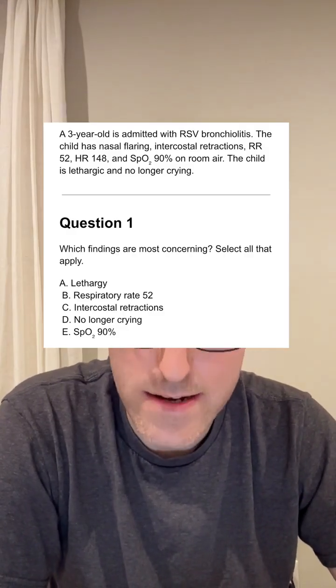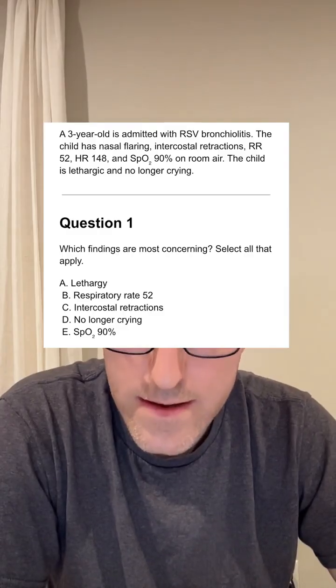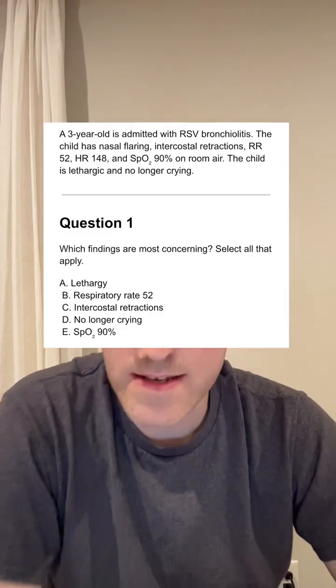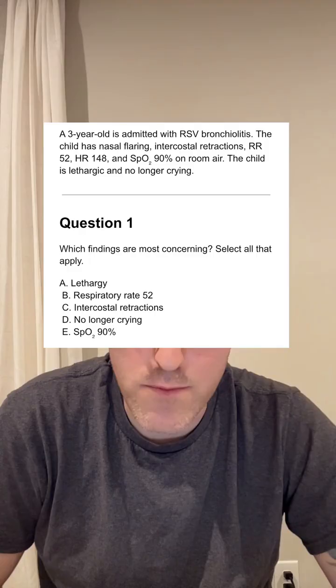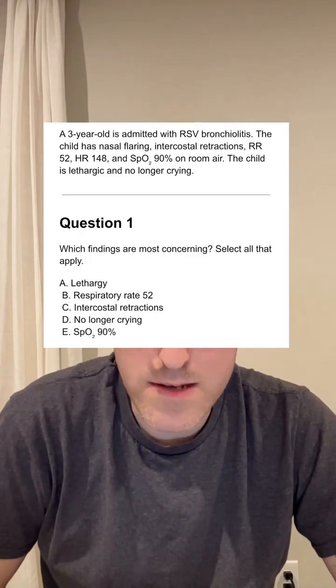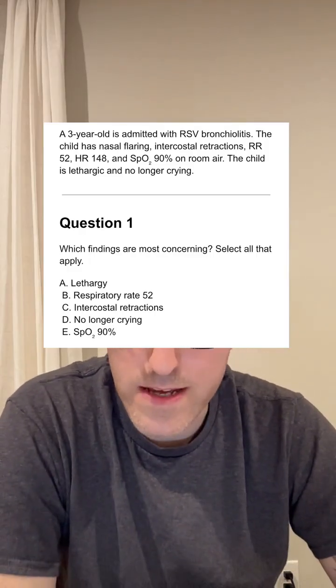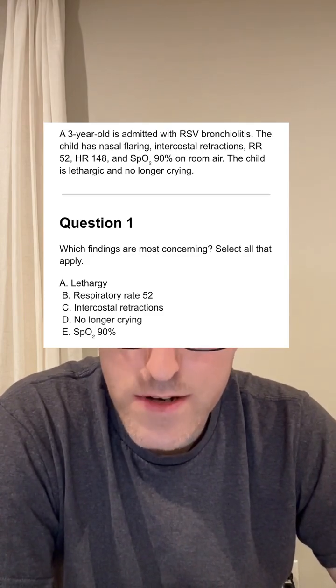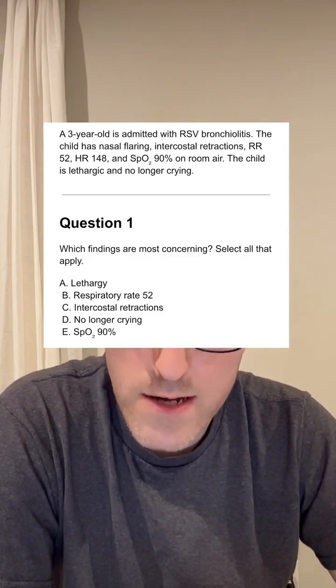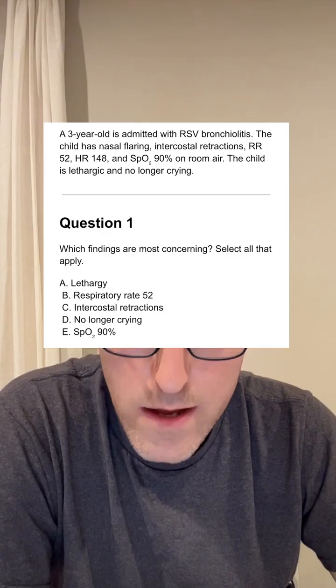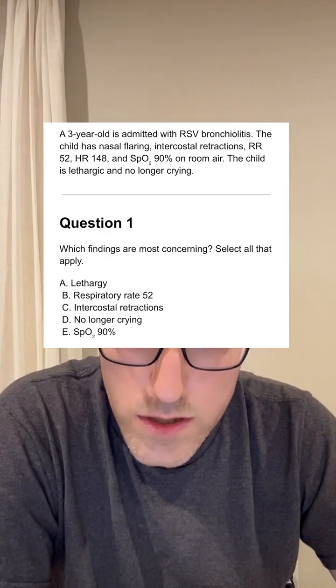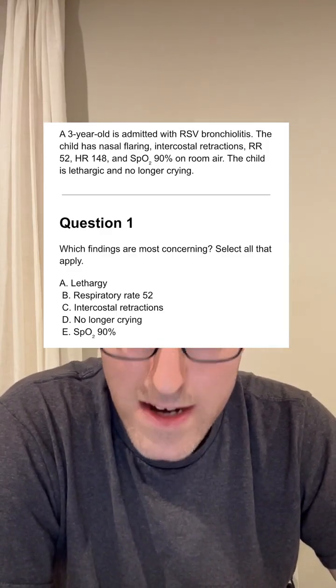It's not as concerning as fatigue. It's not E because the saturation of 90% is abnormal, but still compensatory. Neurologic fatigue is a later and more dangerous sign. So that lethargy, the intercostal retractions, and no longer crying are the cues that we should recognize.